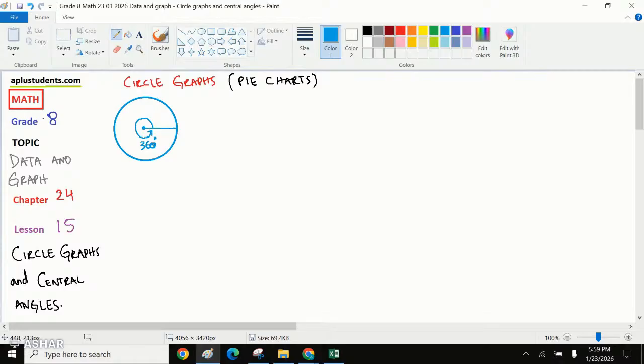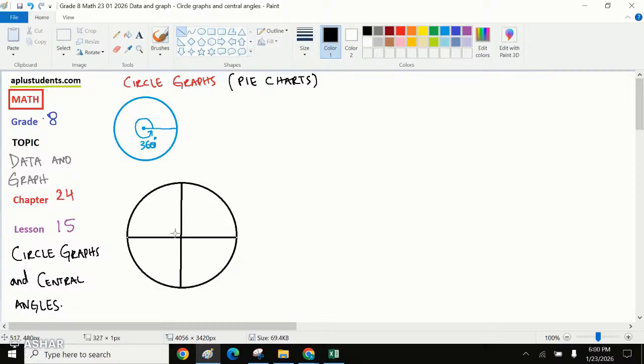Okay, let's do one thing. There was a pizza that is to be shared amongst friends, right? So what we say is there were 8 slices, and there were 3 friends.